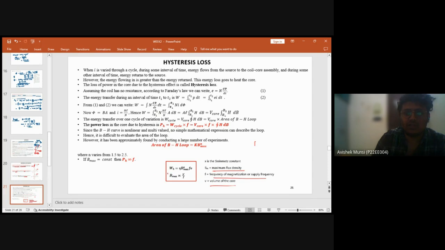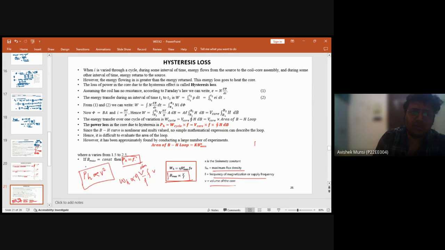At a glance, since Vmax is proportional to V by F, the hysteresis loss is proportional to V by F into F. If Vmax is constant, then Ph is proportional to F. And if this is not constant, then Ph or Wh is proportional to V squared. These are the two equations we require to solve some problems.